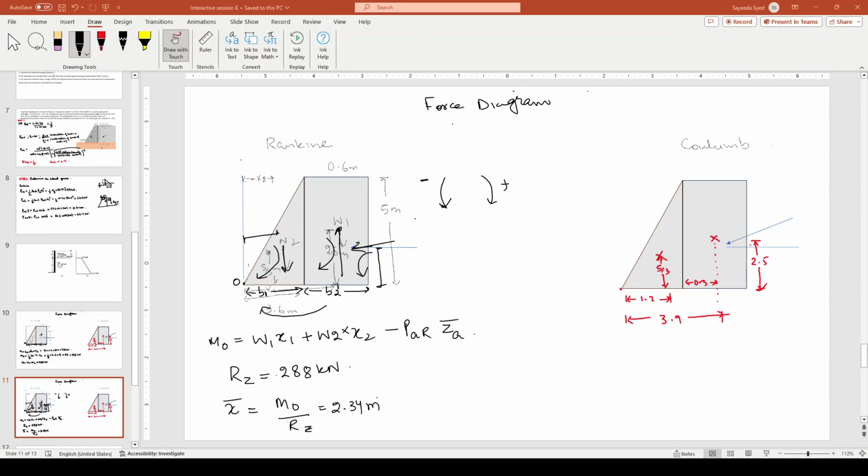This comes out to be 790.6 kilonewton meter, and we know RZ equals W plus.